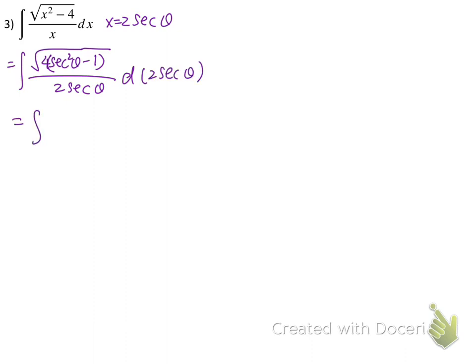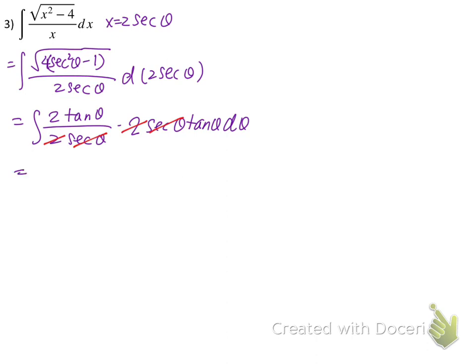So the radical will give me 2 tan theta over the 2 secant theta I was given as x, times the derivative of 2 is 2, the derivative of secant is secant tangent, then d theta. I cancel my secant with my secant, I cancel my 2 with my 2. I'm getting the integral of 2 tan squared theta d theta.